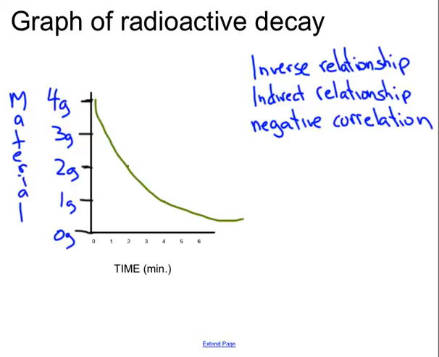And a question might be, if you had a graph like this, what's the half-life of the material? The graph makes it kind of nice to figure this out. You started out with 4 grams. That's the beginning of our graph. After 1 half-life, how much would you have left? Well, let's do this first.